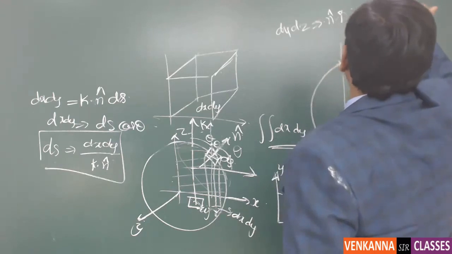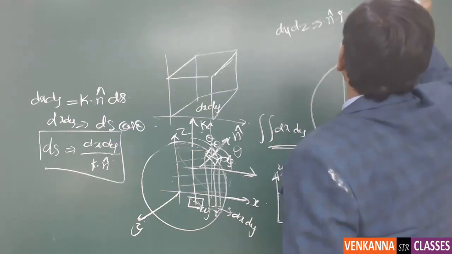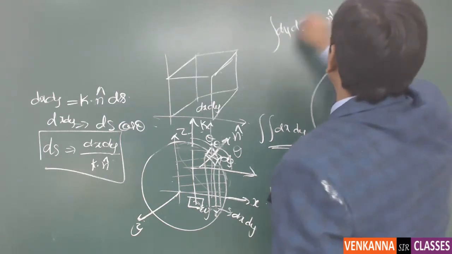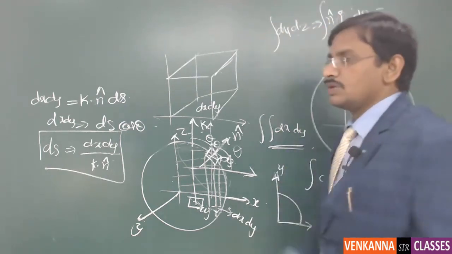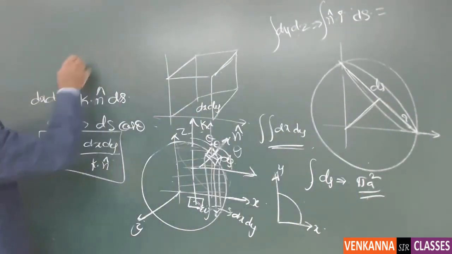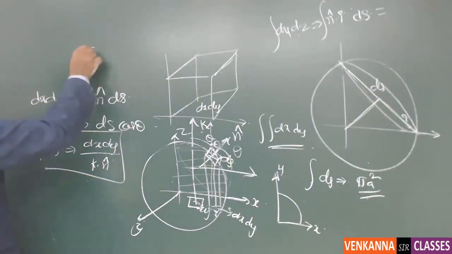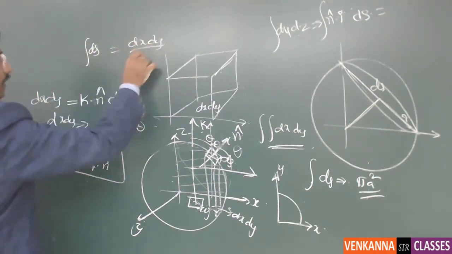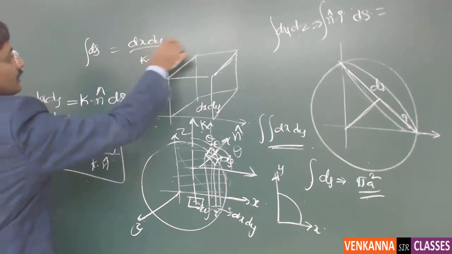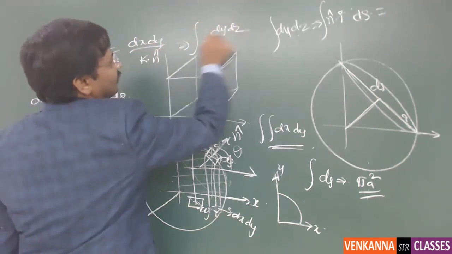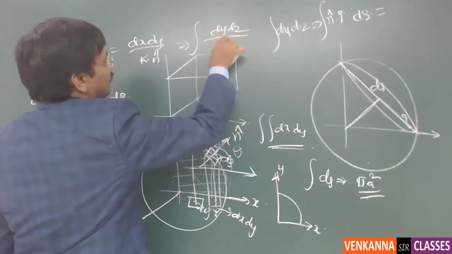So it is up to you how you want to use that. Got it or not? So dy dz, and if you integrate on either side, the same value you are going to get. Or you may use the other method also, that is ds equals dx dy divided by k dot n cap. The same thing is even equal to dy dz divided by n cap dot i.